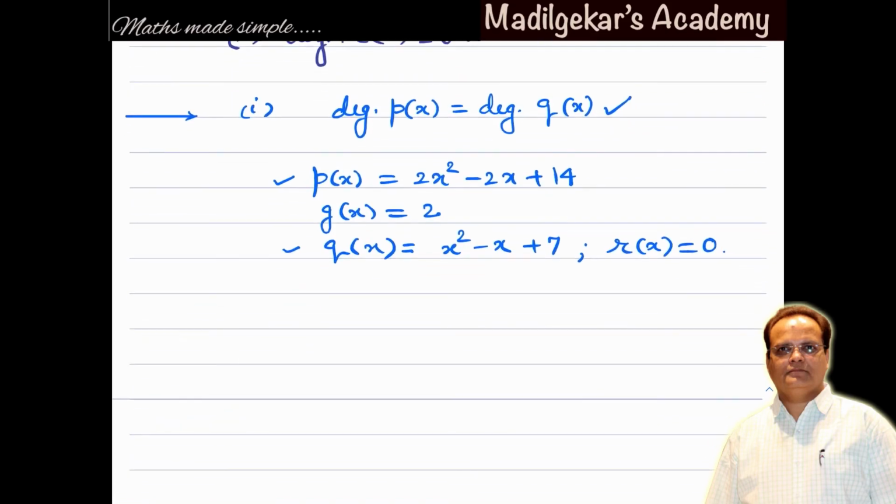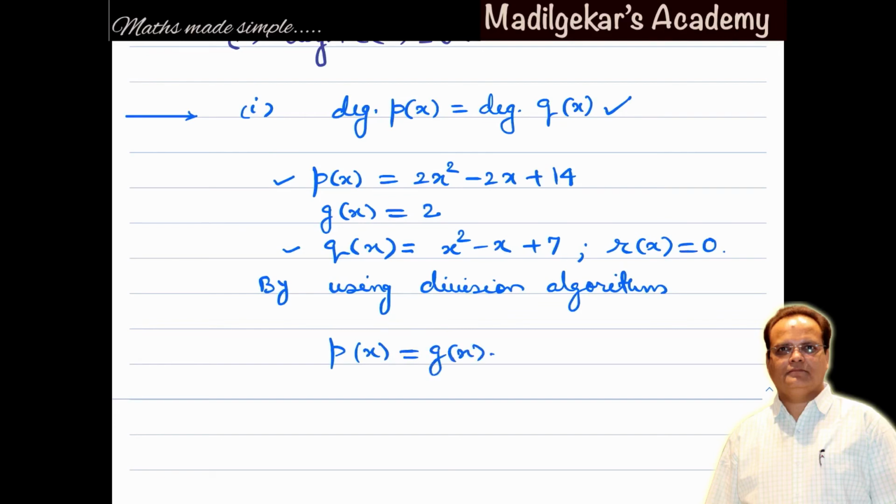So by using division algorithm, p of x equals g of x into q of x plus r of x.